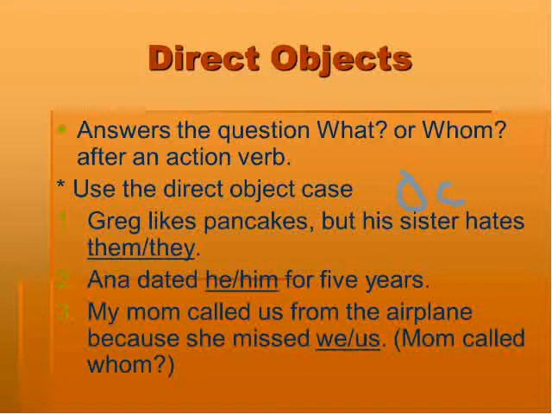You guys are getting the second part. The direct object has to come from the objective case. Work on the sheet. Okay, let's do number 1. Greg likes pancakes, but his sister hates them.